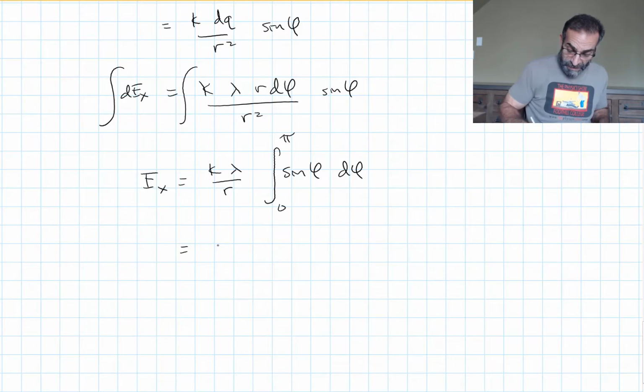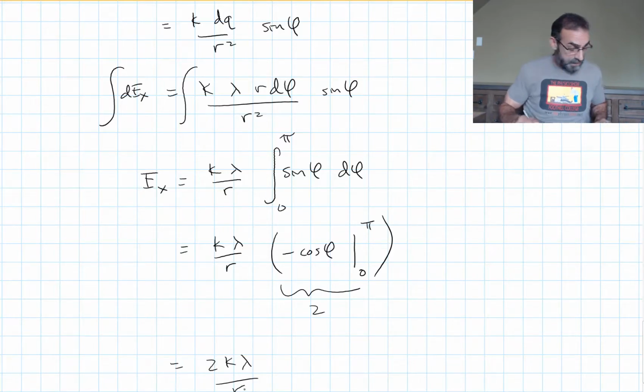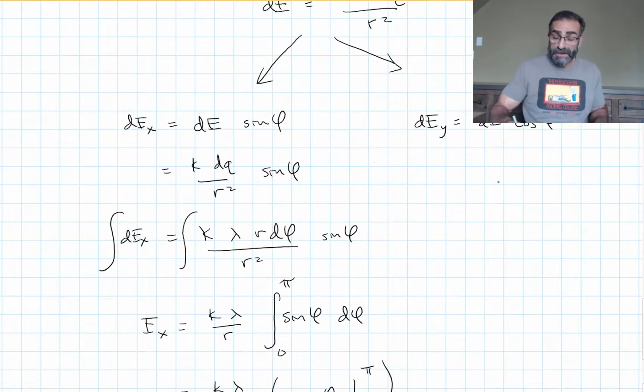And that gives me a minus cosine evaluated from 0 to pi, which is 2. So I get the same answer I got previously. And the direction, of course, you'd use absolute values for your charge, and it would be in the plus x hat direction. Going through the y direction, you get the same thing.